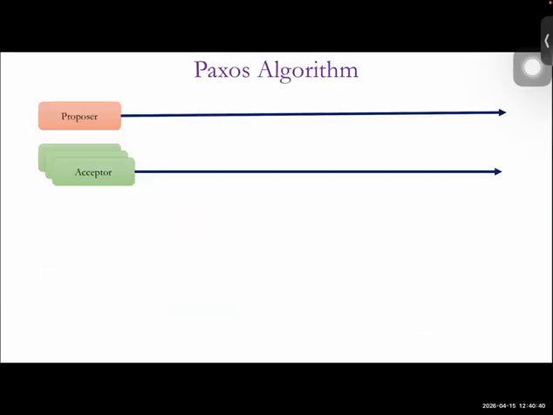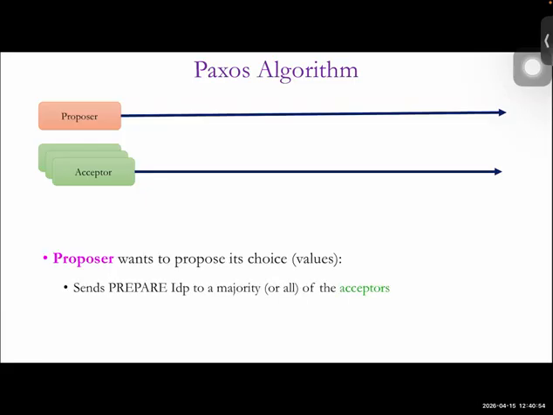Let's assume there are proposers and acceptors. The proposer wants to propose its choice, that is the value. So they must prepare a value. Then they send a prepare message with ID P to a majority of the acceptors. This ID P must be unique across the proposers for each prepare message.